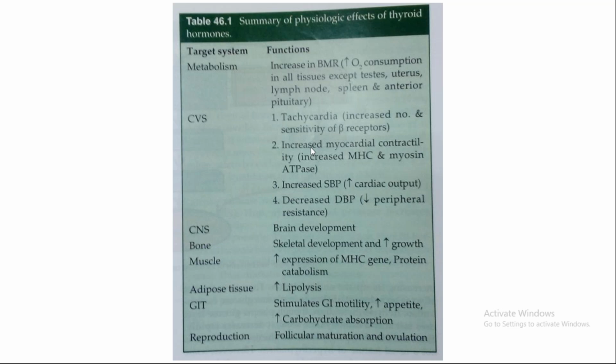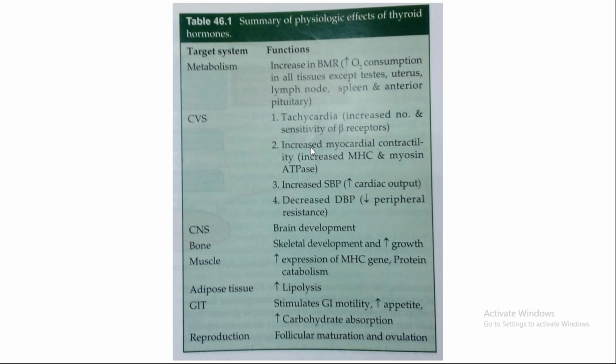Arterial PO2 increases, which increases the supply of oxygen to tissues, because respiratory rate increases, arterial PO2 level increases, and this PO2 level is required for utilization by the tissues. And thyroid hormone also stimulates erythropoiesis. So the number of red blood cells increases in the circulation, so the total amount of hemoglobin increases finally.